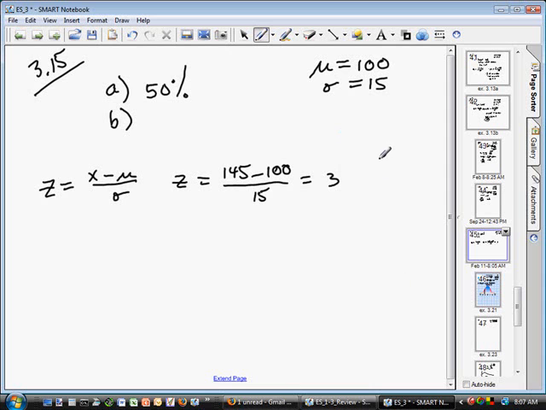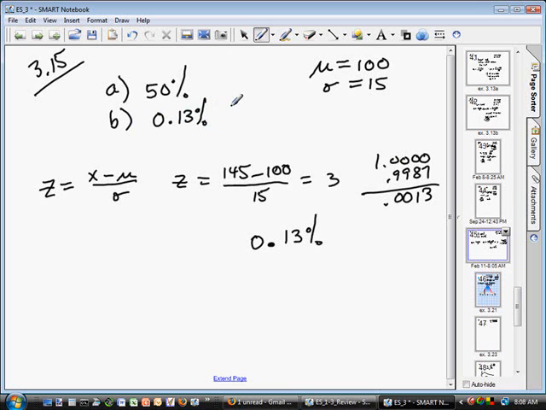So I have to subtract from one, and the answer would be 0.0013, which in percent form is 0.13%. A pretty puny amount. An incredibly small number of people have IQs over 145.